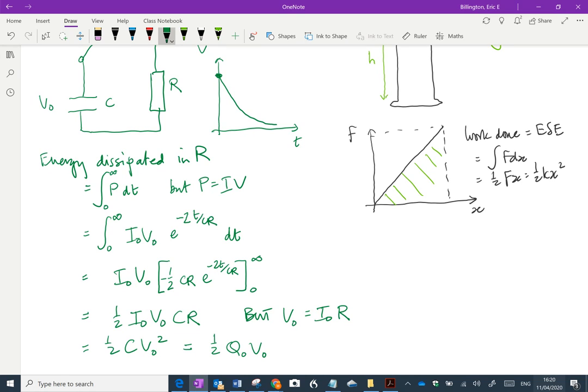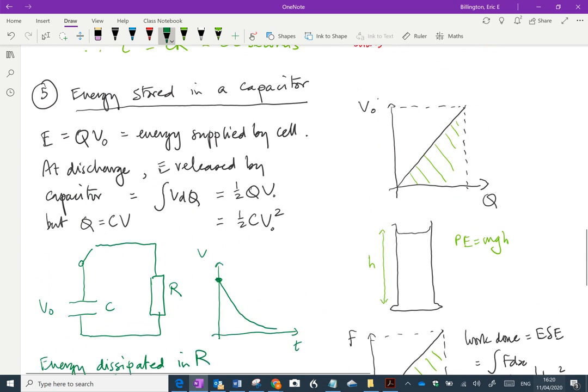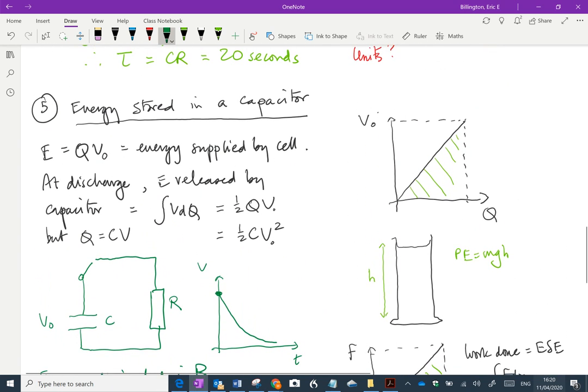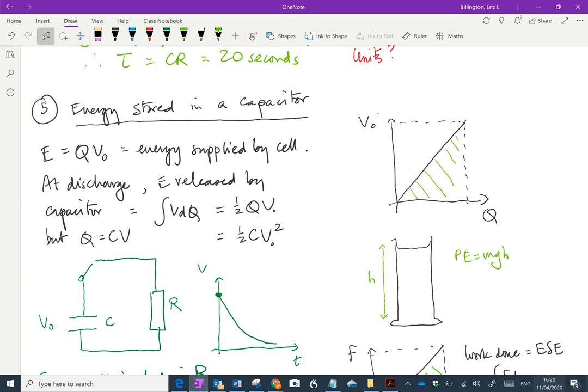Hang on a minute. We were trying to see where the other half went. From up here, we could say, okay, the energy stored in the capacitor, instead of being a whole QV, it's just a half QV.